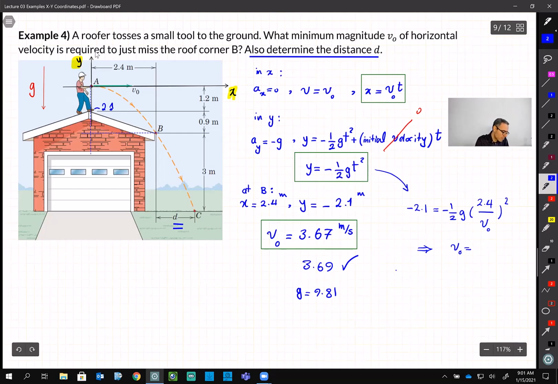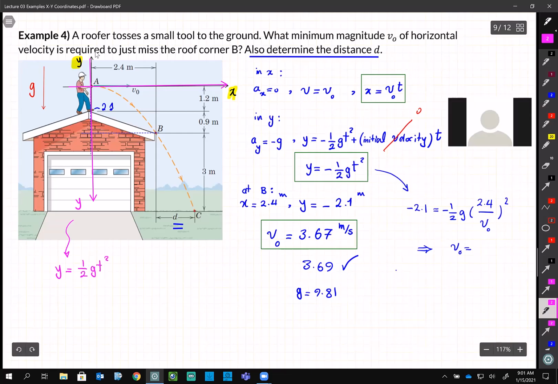But for the same problem, if I pick X to be this, the same, but Y to be this axis, so this is X, this is Y, then the equation I will write is Y equals half g t squared. Oh, that makes sense.